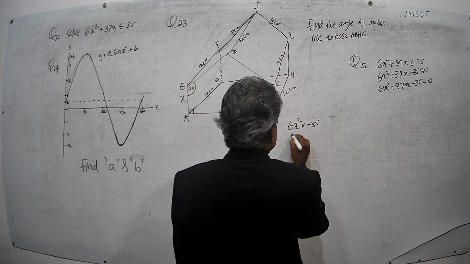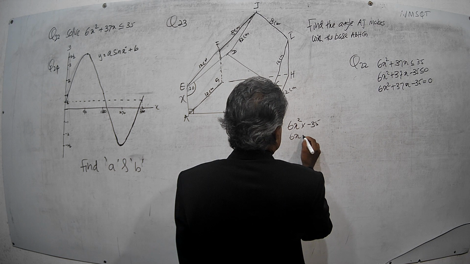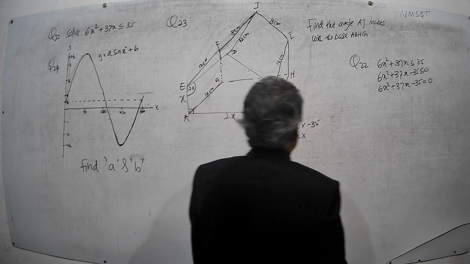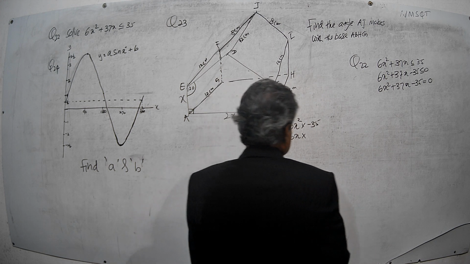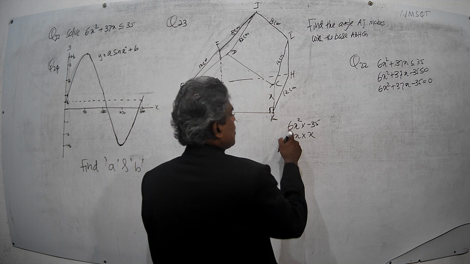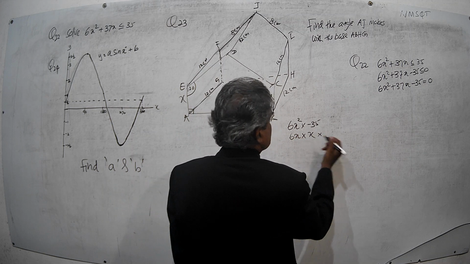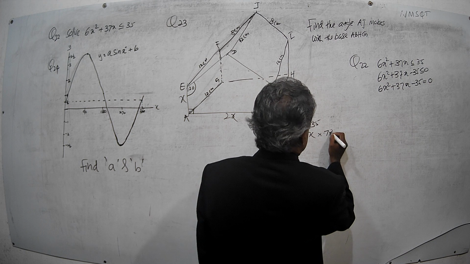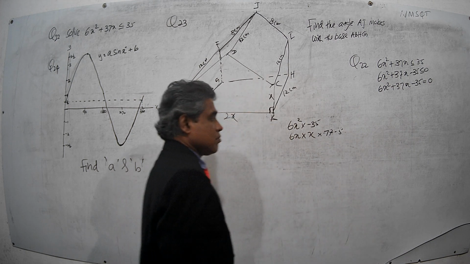Then we write 6x into x, and factorize that into plus 7 into minus 5.